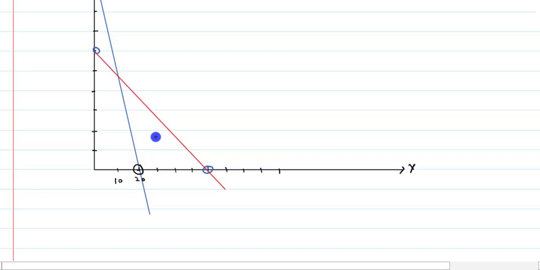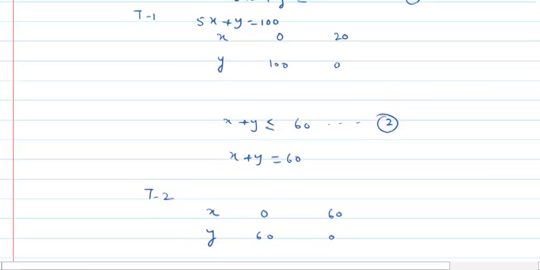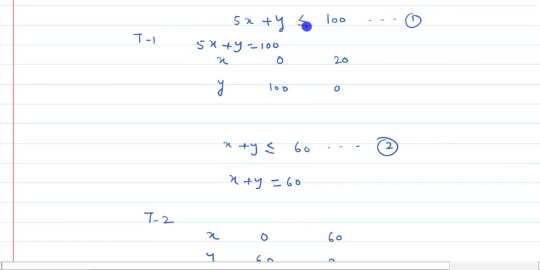Now we need to shade the region which will give us the solution region. As you know, for the first table the constraint is 5x plus y less than or equal to 100. And in 11th class you have studied how to know in which direction the graph will be shaded.